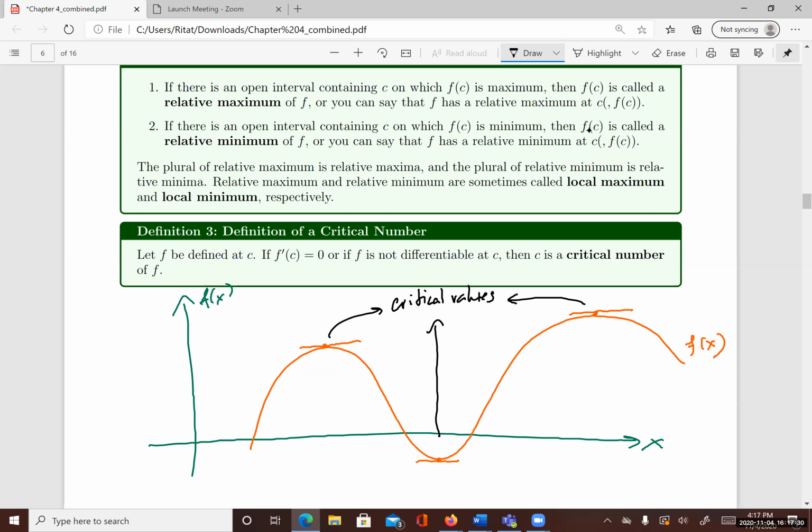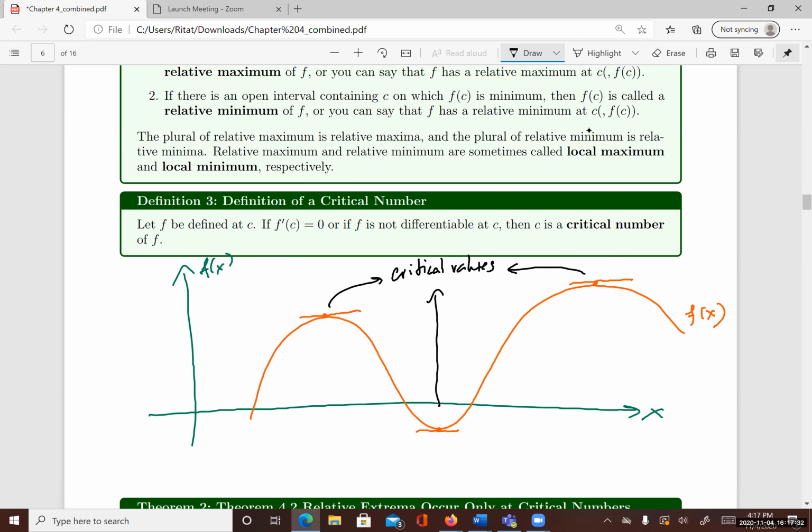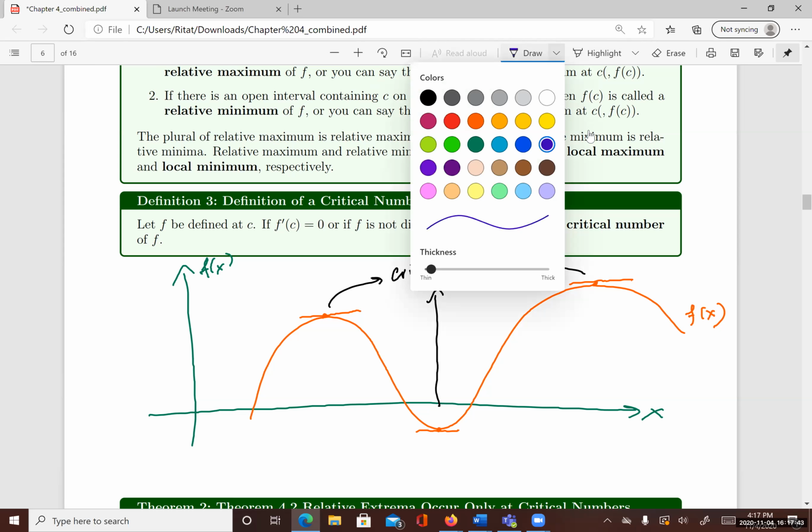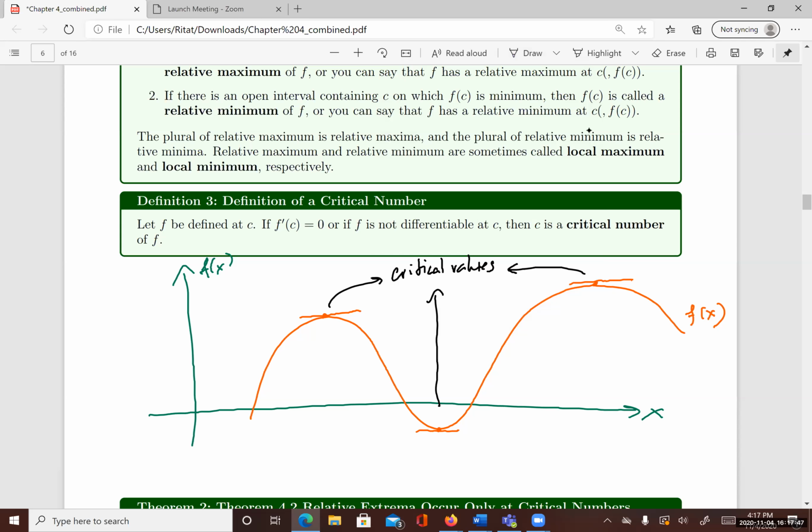And you can see that they have some special things about their positions, right? All of these 3 points are either a local maximum value or a local minimum value.